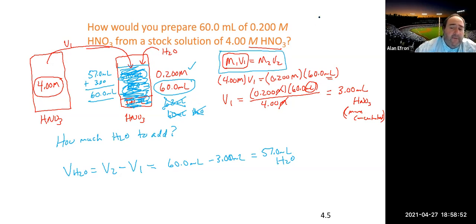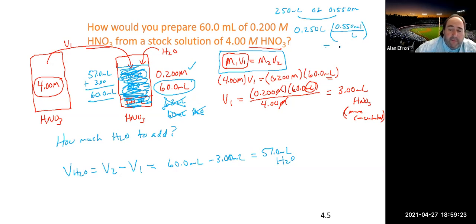Like the one we did before, I think it was maybe the first one, where we had 250 milliliters of a 0.55 molar solution. In this case, if I wanted to get the moles, these are the only two numbers I have. I have to convert that into liters for it to properly cancel out in terms of the units.